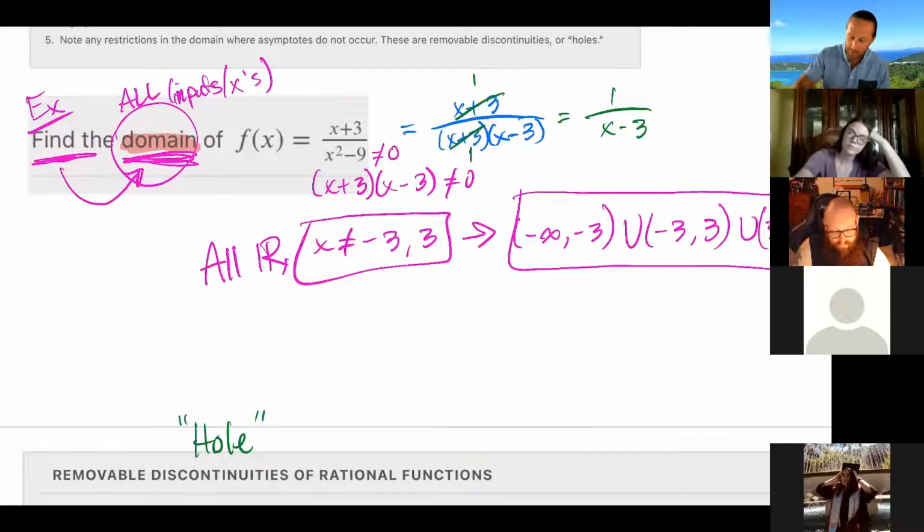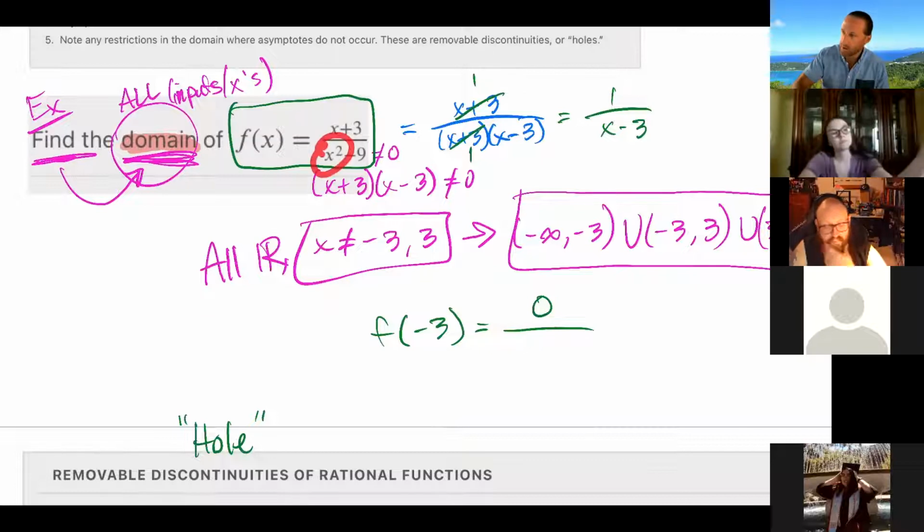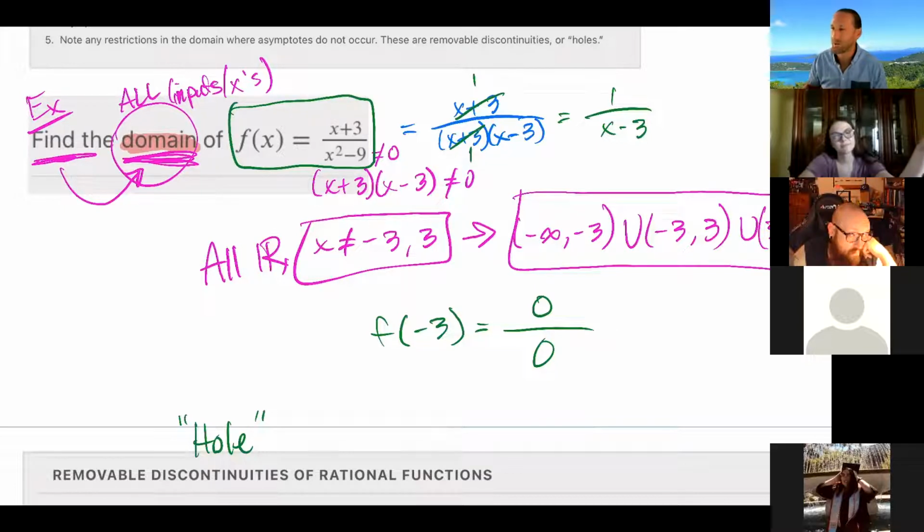There would be no y value. Because do me a favor, everyone, go back here to my original function and find what f of -3 is. What do you get on top? 0. -3 plus 3, very good, 0. -3 squared is 9 minus, and now we just have a division symbol like we used to draw in 4th grade elementary.